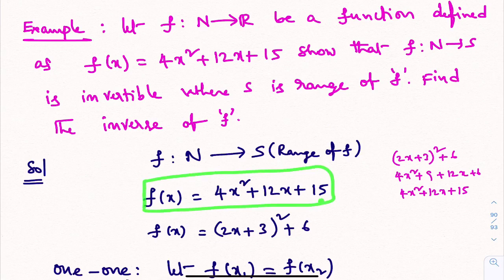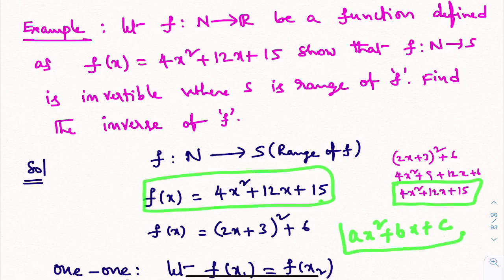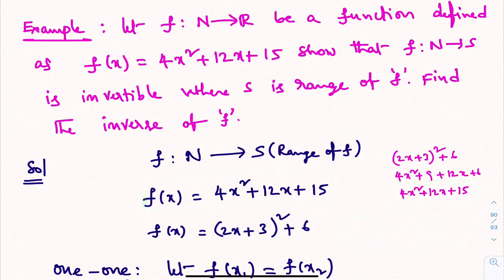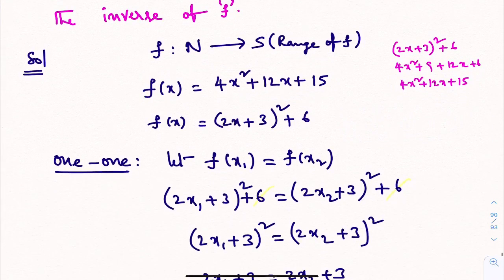You remember one point. Whenever f of x is 4x square plus 12x plus 15, that means whenever f of x is in the form of ax square plus bx plus c, and we need to find this inverse, then we will go like this. See, last problem also I explained. This 4x square plus 12x plus 15 can be written like this.